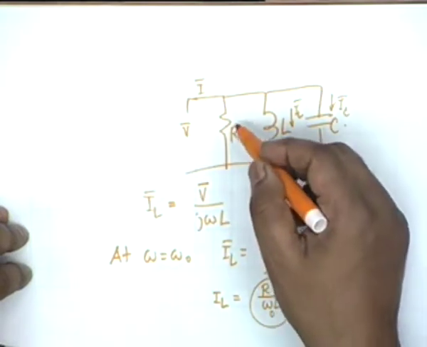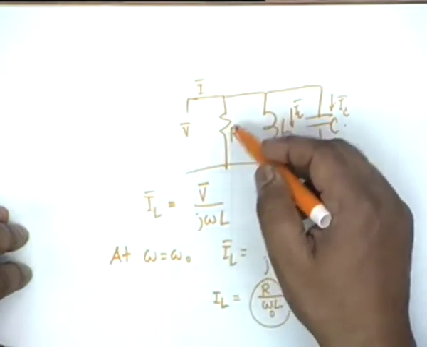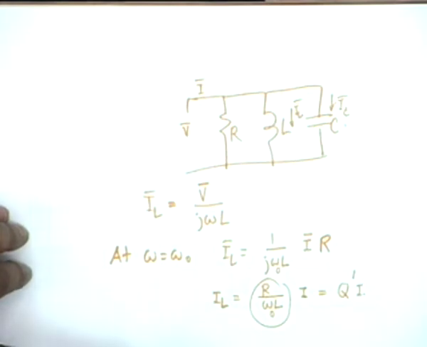When is it infinity? If capital R is infinite, that means there is no resistance here, all right. The current can be infinitely large, and therefore I have denoted this by Q prime.